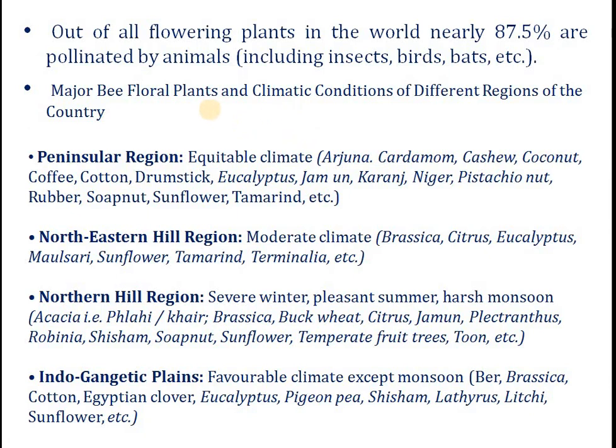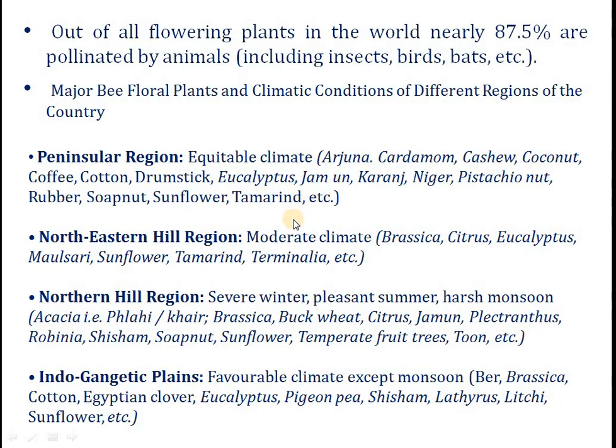Some common plants here that are sources of bee flora are Arjuna, cardamom, cashew, coconut, coffee, cotton, drumstick, Niger, rubber, soap nut, sunflower, etc.